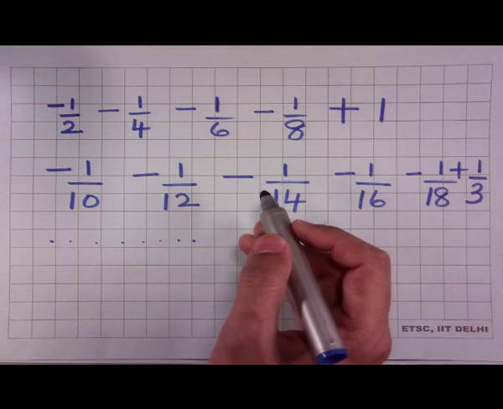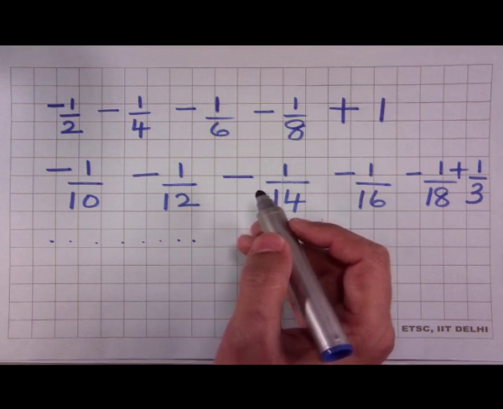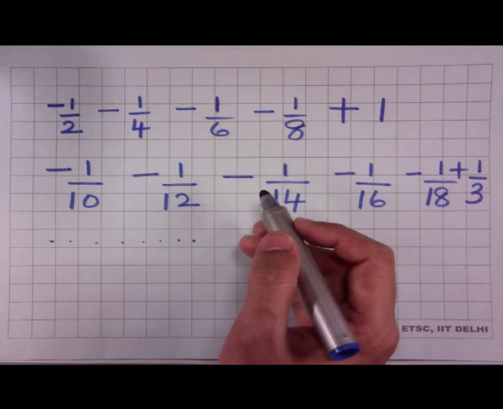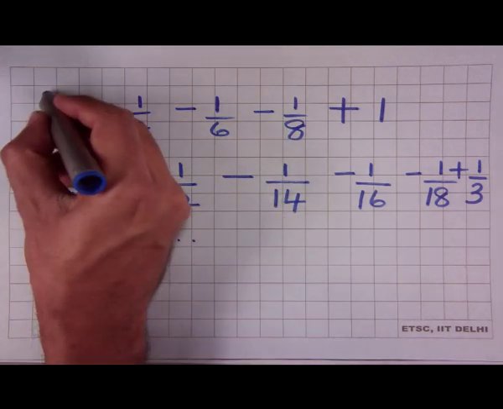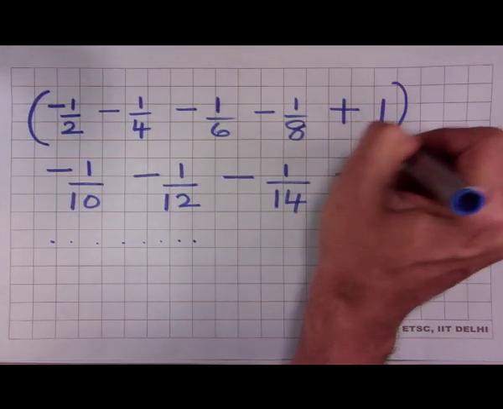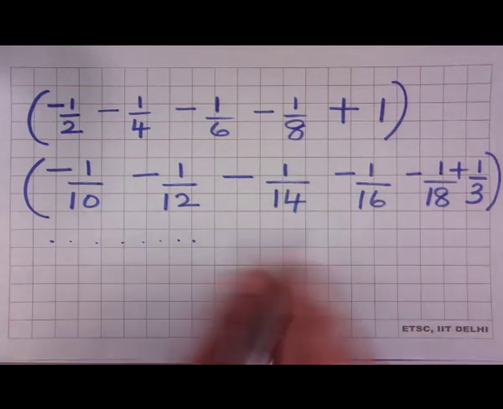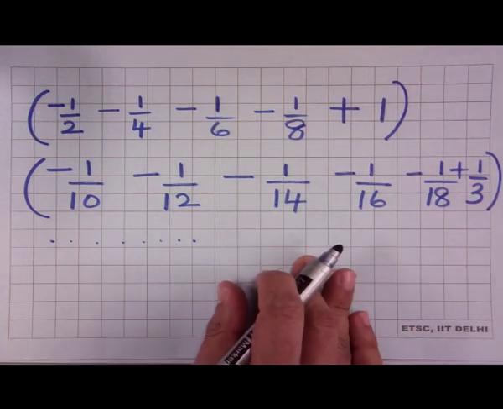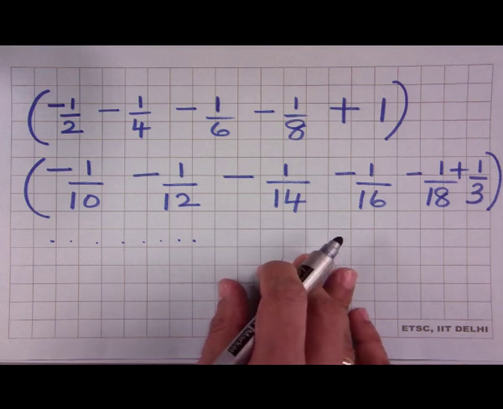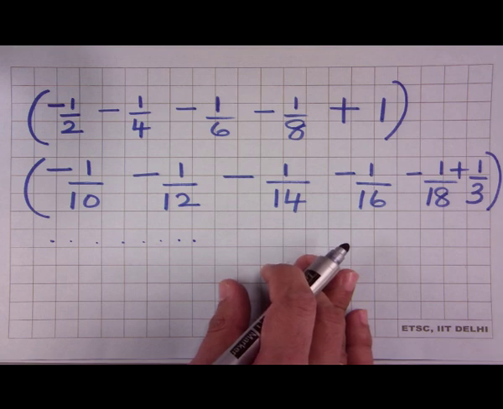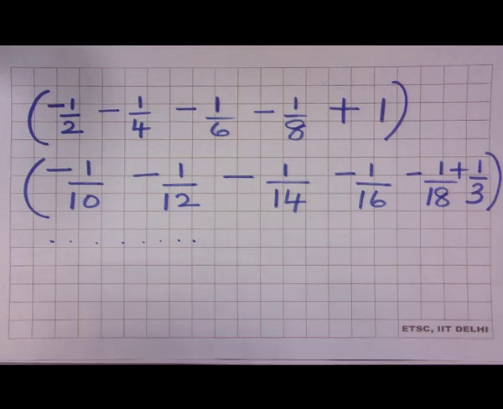Now, let us find the sum of the numbers in these parentheses one at a time. Then it should be clear that the sum of the given series can never be positive.